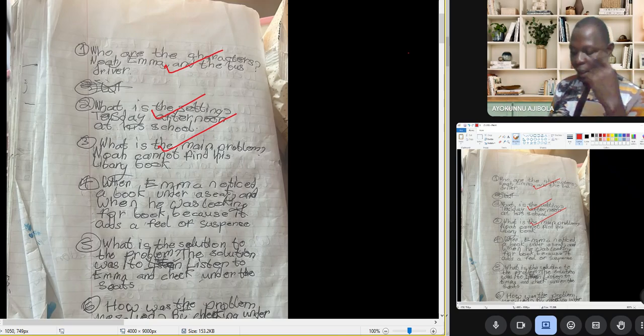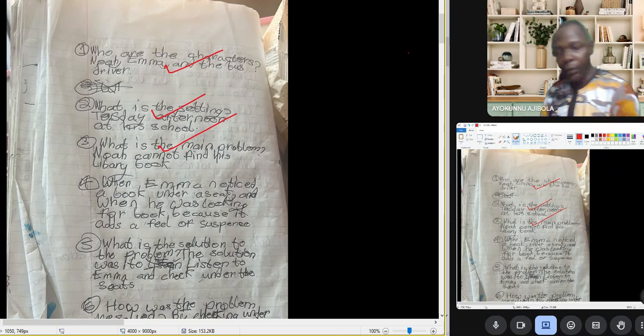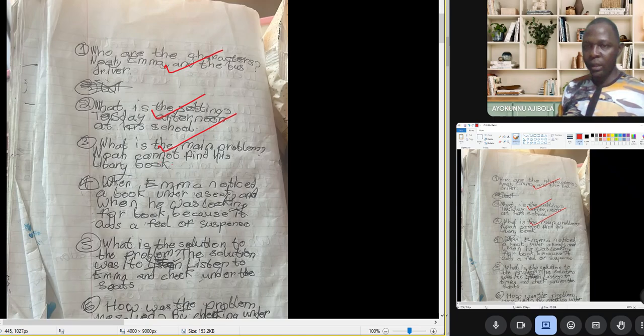Yeah. And Noah also asked the bus driver for help. Those are like four important events. So if you were to write this in an exam, you just get 1 out of 4. Okay, you get 2 because you mentioned Emma. But then you said a feel of suspense. No, it's still 1 mark.